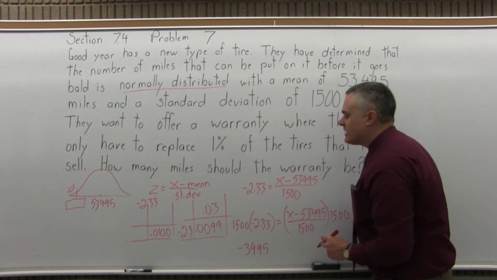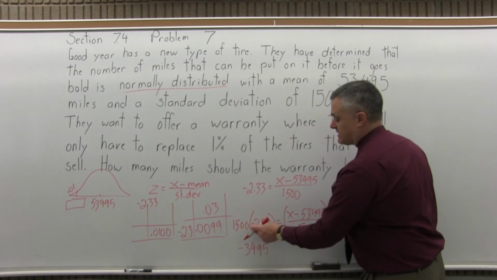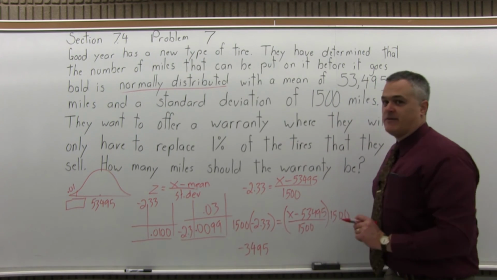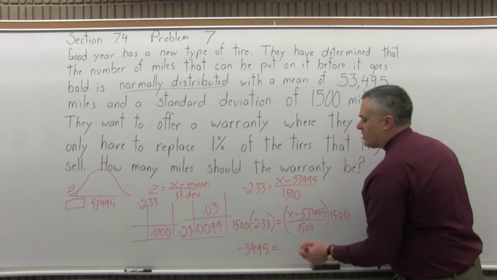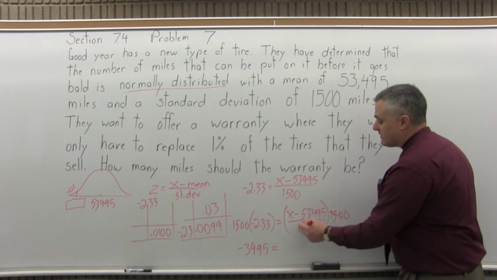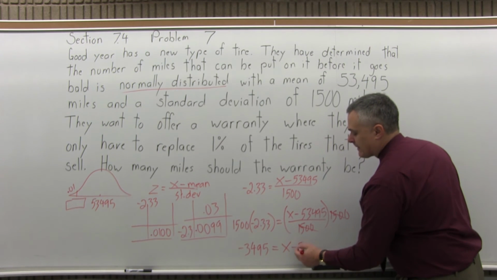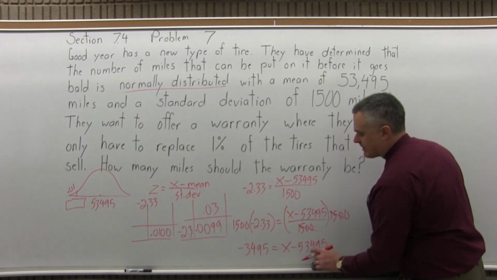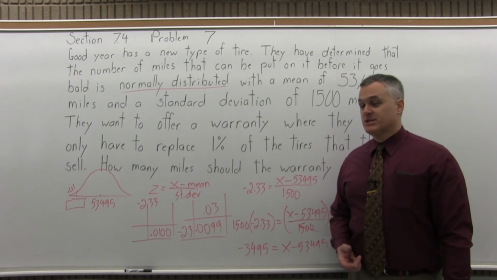You'd probably want to use your calculator to get that. Don't lose the negative. It'll make a big difference. On the right side, the 1,500s cancel. Just by canceling the denominator, it already looks much nicer.